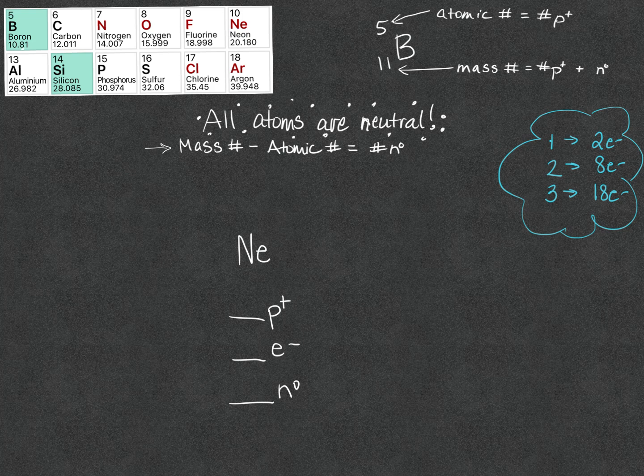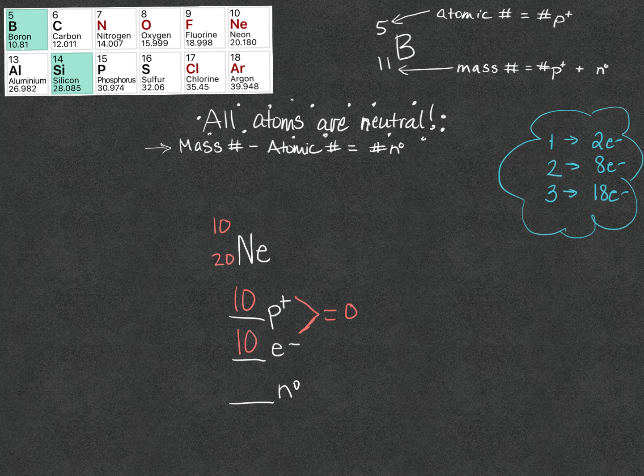Okay, so let's see what we can do for neon. Neon, the numbers are 10 and 20 when we round those off. The number of protons is represented by the 10 because that's the atomic number. Since all atoms are neutral, we know that an atom of neon also has to have 10 electrons.